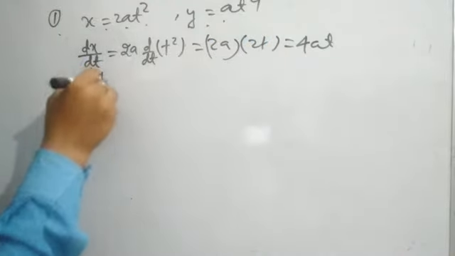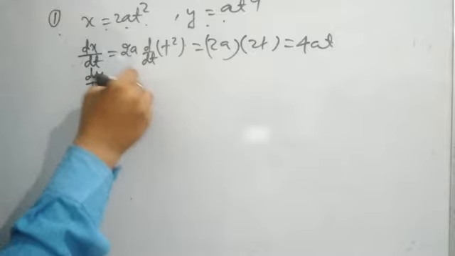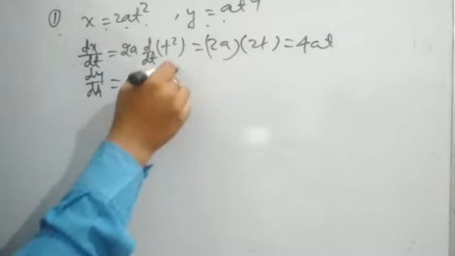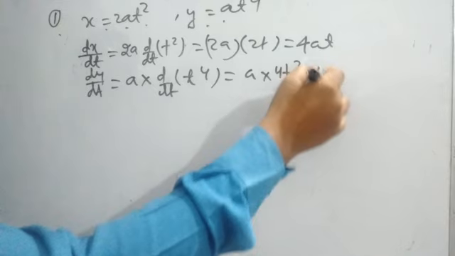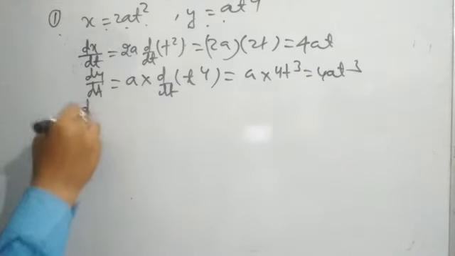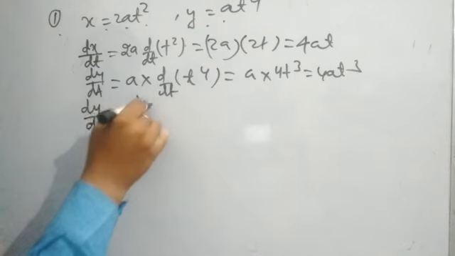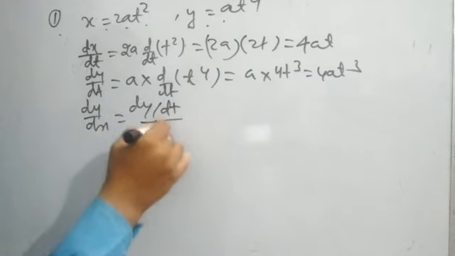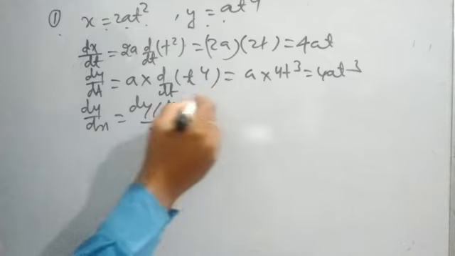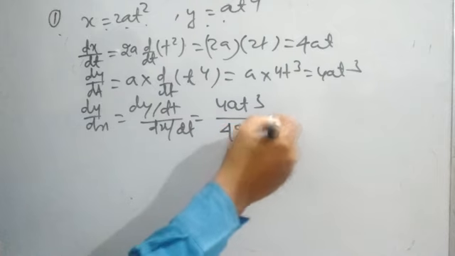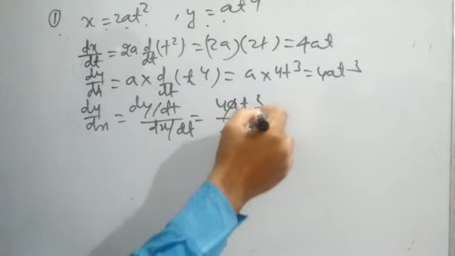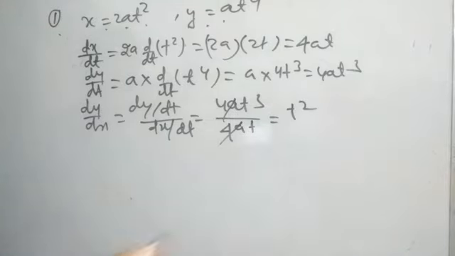Similarly, dy by dt we will get, that is equal to a constant, then derivative of t to the power 4, a into 4t cube, 4at cube. Then we have to find dy by dx, that is equal to dy by dt divided by dx by dt. You will get easily 4at cube by 4at, then 4a cancels, t cube, and the remaining part is t square.